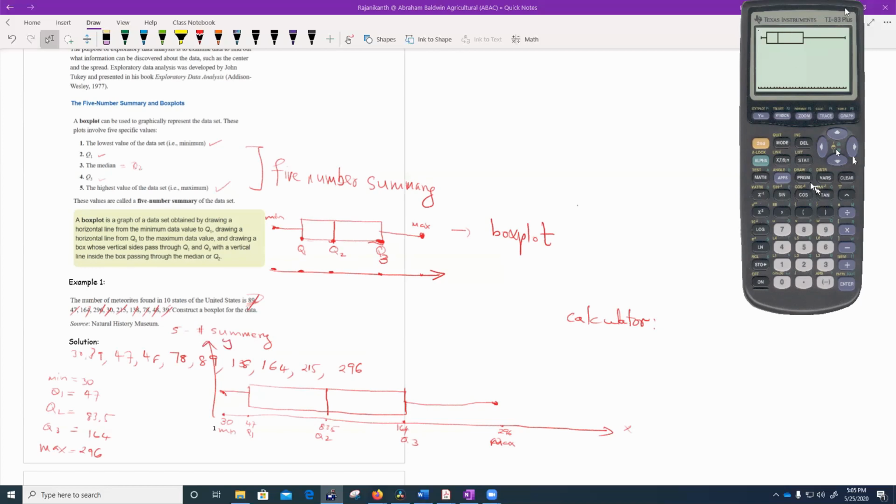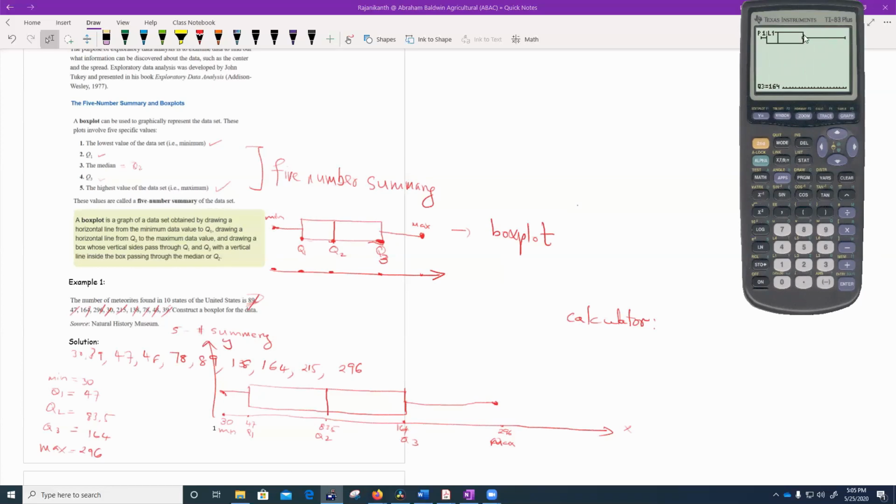If you look at your box plot, there are no numbers on the box. If you want to look at the numbers for each point, you could touch the trace button, and you will find the data values corresponding to the given point. Suppose you want to find the data value at this point, simply trace along that point, and you will get the maximum, 296.